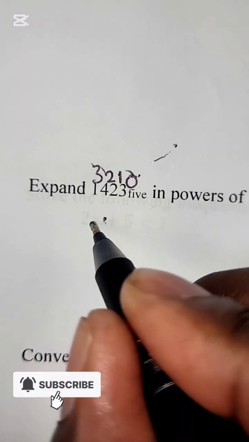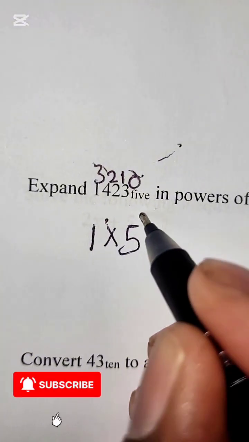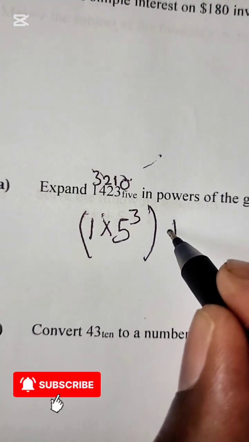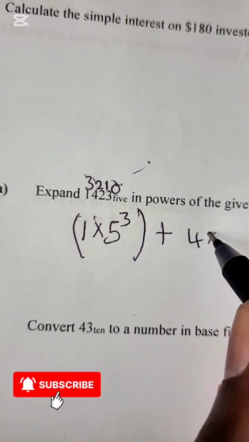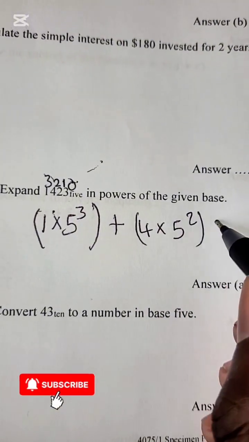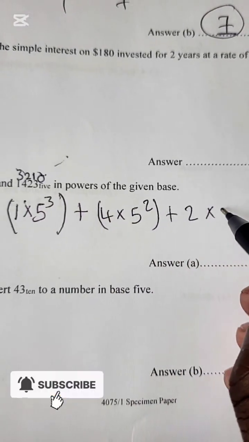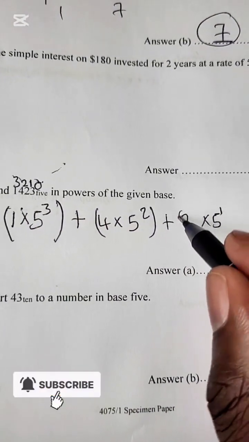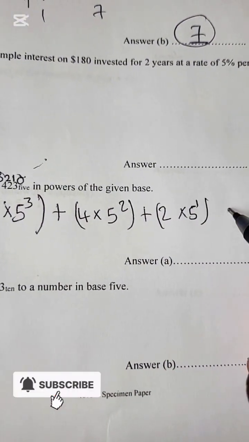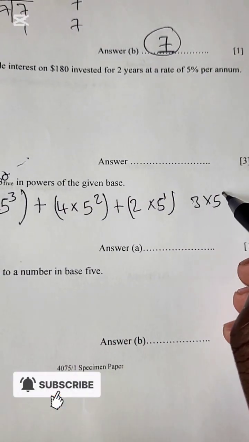In powers, it's now 1 times 5 to the power of 3, then plus 4 times 5 to the power of 2, then plus 2 multiplied by 5 to the power of 1, then plus 3 multiplied by 5 to the power of 0.